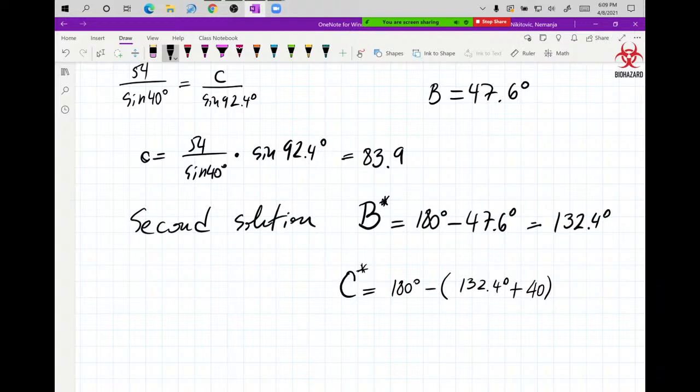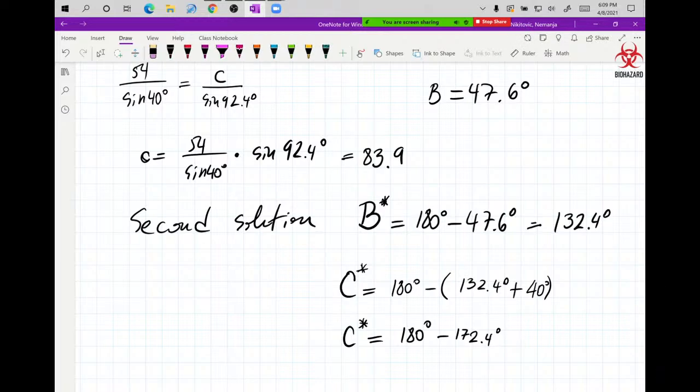Angle C is, as you can see, a very slim angle, but that's okay. It is 180 degrees minus 132.4 degrees, and then minus, well, actually I could just add this, it's 70, there we go.